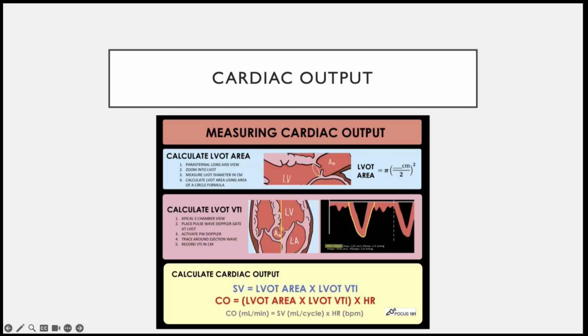These measurements are important as they can help you differentiate the different types of shock, especially when you combine them with other components of this exam, like the ejection fraction or when you assess the IVC. It can really help you narrow down your differential.